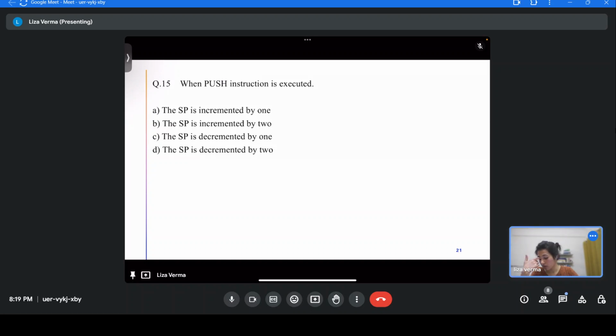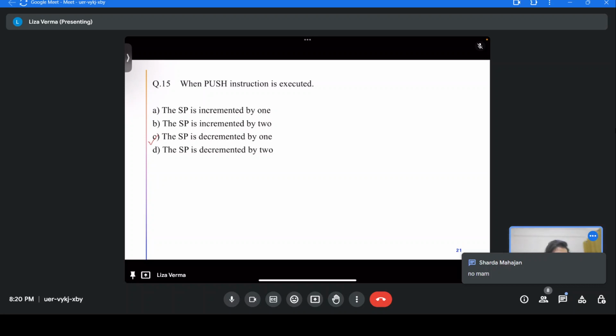Ma'am, stack always goes in upward direction, no? So how will it be decremented? It will be decremented in case of push. Yeah, so it will be decremented by 1, which gives us the correct answer C. Or maybe I'm confused. Yes, the stack pointer should be decremented by 1.